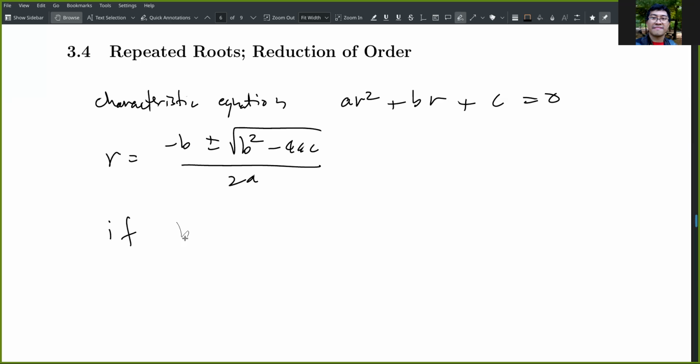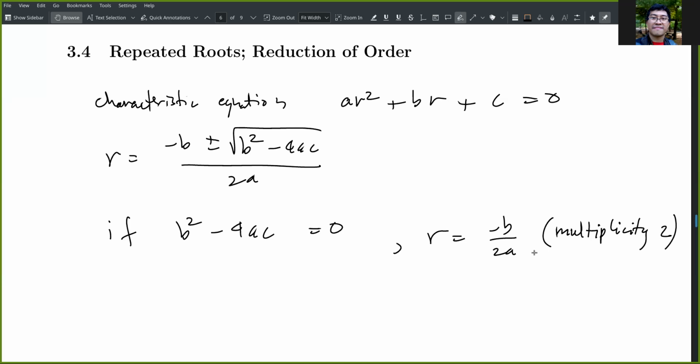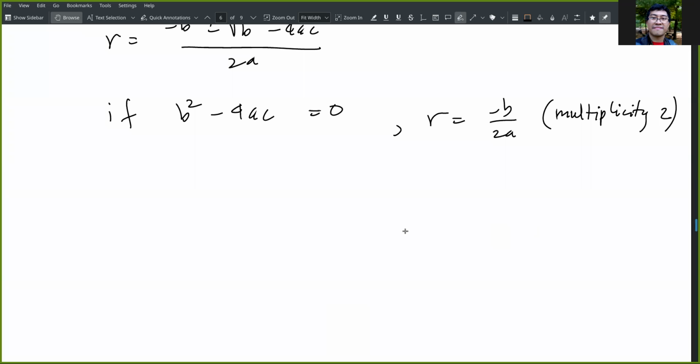Now, if b squared minus 4ac equals 0, then r would be minus b over 2a. But it's just one r, of multiplicity 2. Okay, just one value, but two roots of this same value.